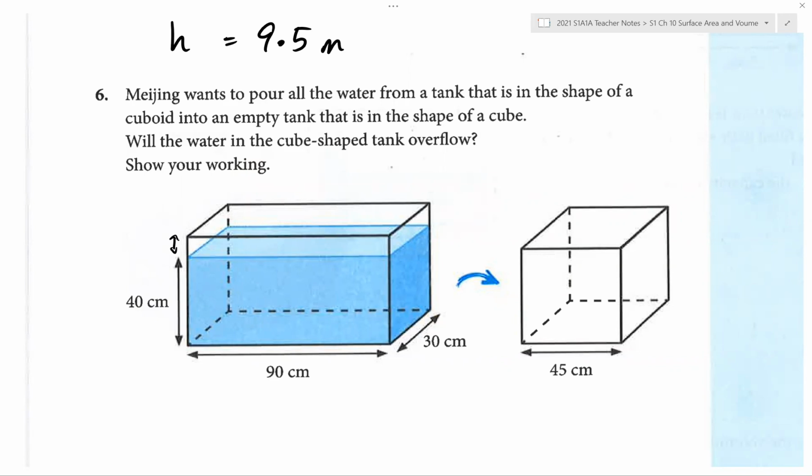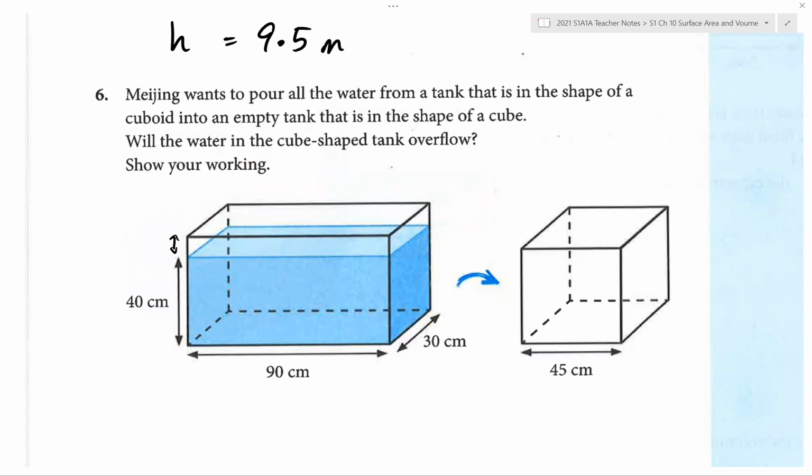Okay, so Nazrin, tell us what happens if the amount of water is more than the capacity. What will happen? Overflow, very good. What happens if the amount of water is less than the capacity?